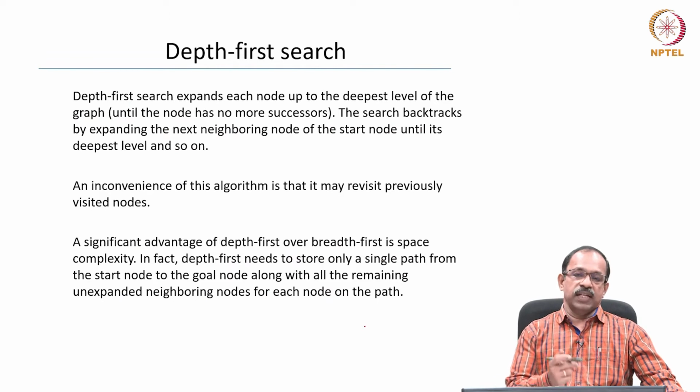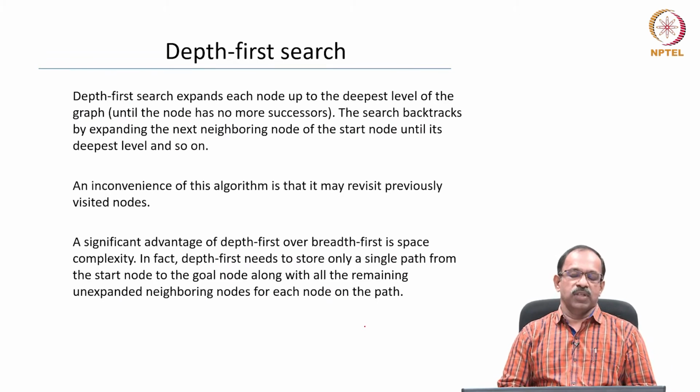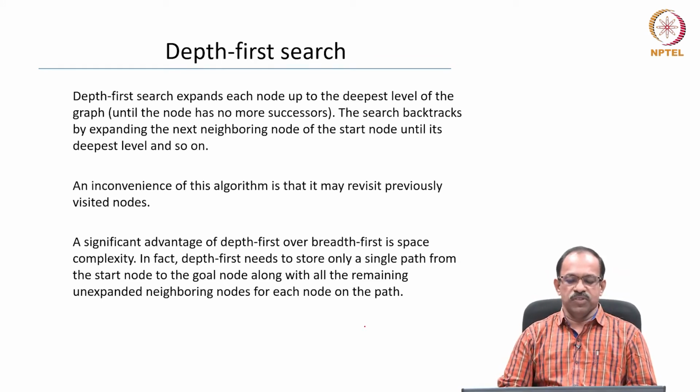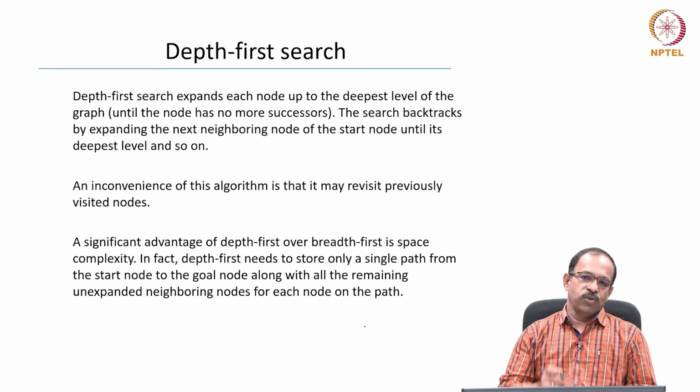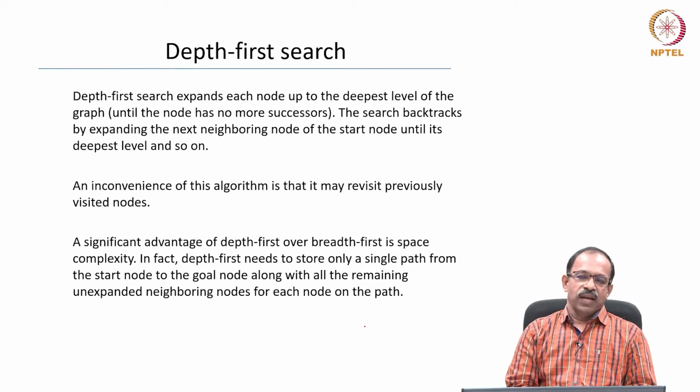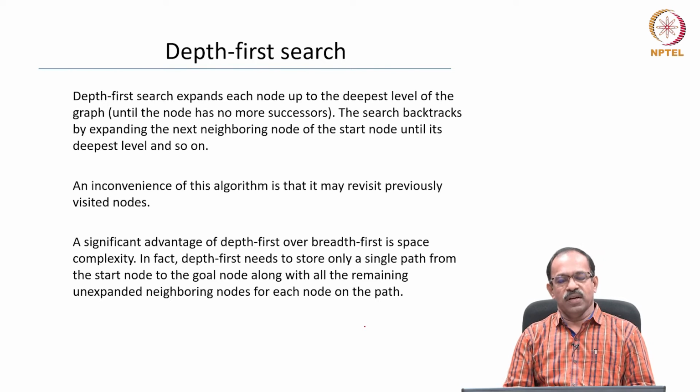And then there is another one called the depth first approach. The breadth first goes in the breadth-wise direction; the next one goes in the depth direction, where it will go straight in depth and see whether it is able to reach the goal.